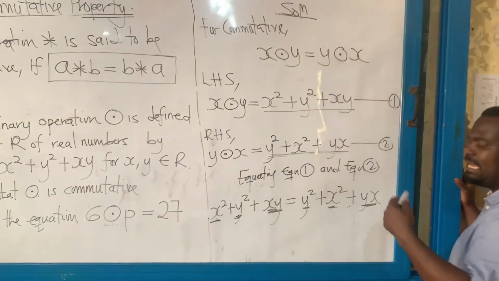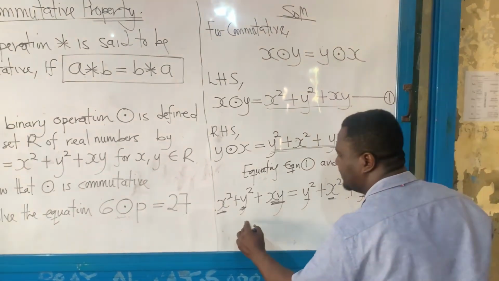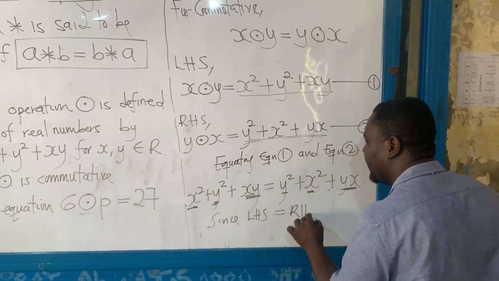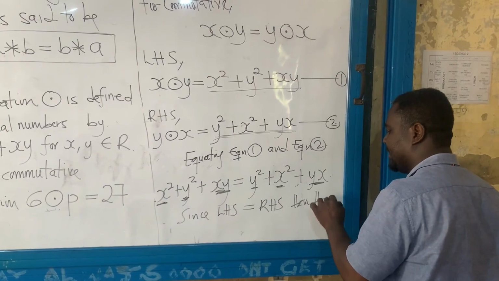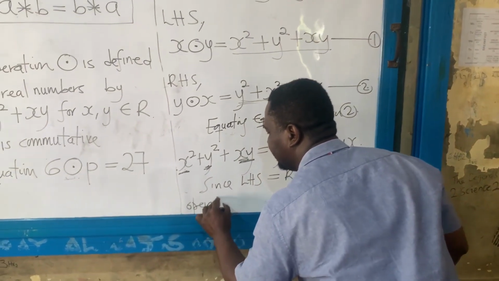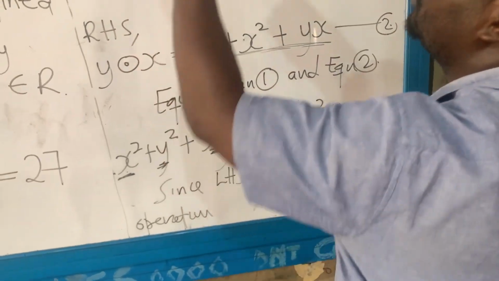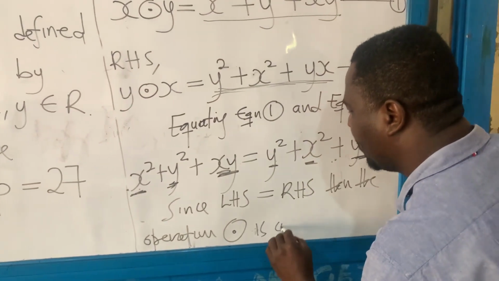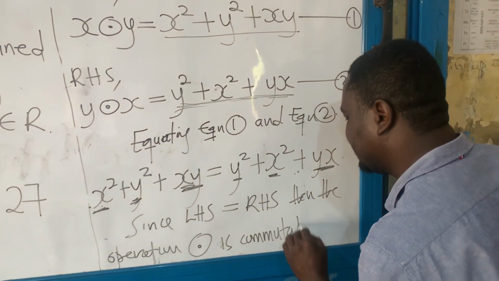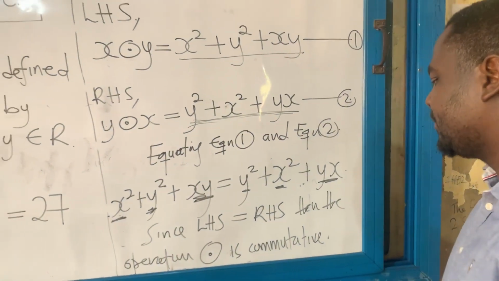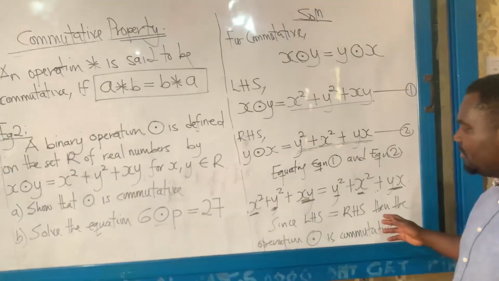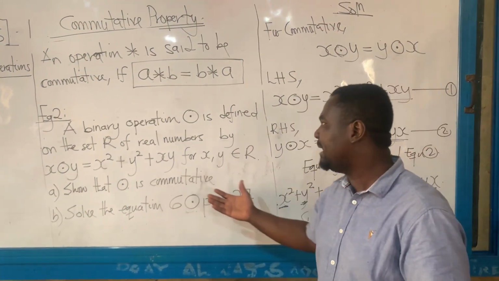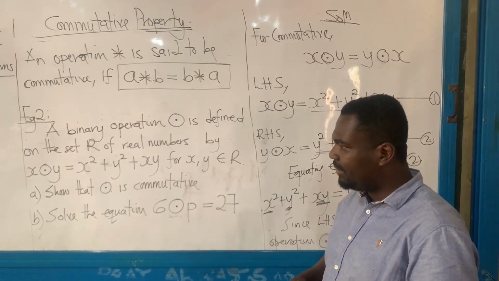So you can say that since the left-hand side is equal to the right-hand side, then the operation I used in solving, circle, is commutative. So when you're given a question like this, you shouldn't panic. All right.